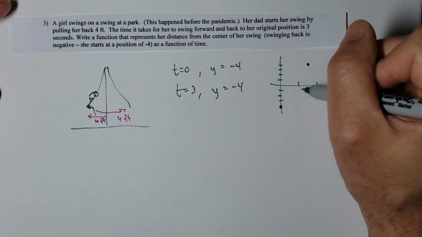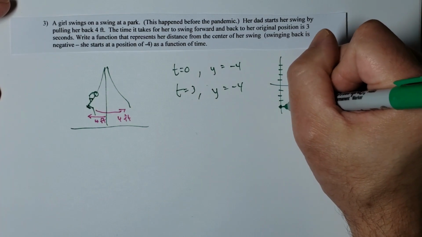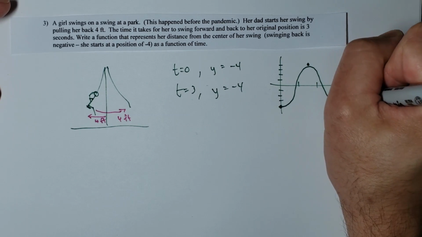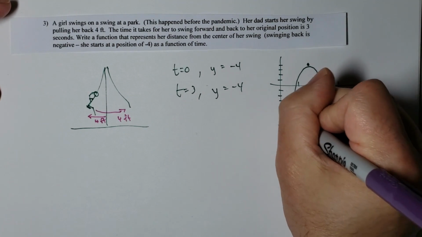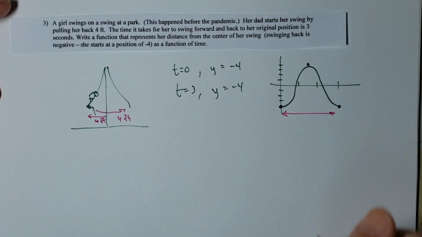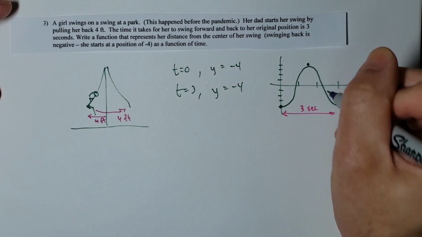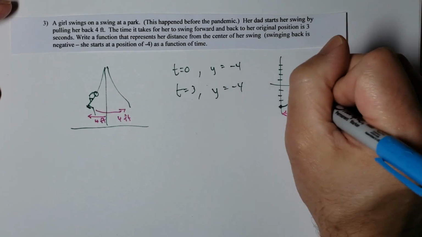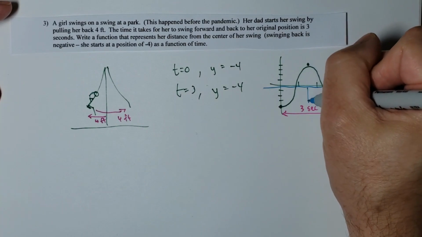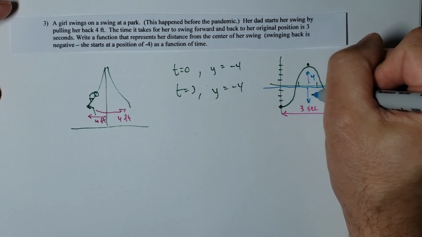And if this is modeled by a sinusoid, which it is, because pendulums are sinusoids, it's going to look like that. All right, so we have the period is going to be 3 seconds. The midline is just the x-axis. The amplitude is 4.